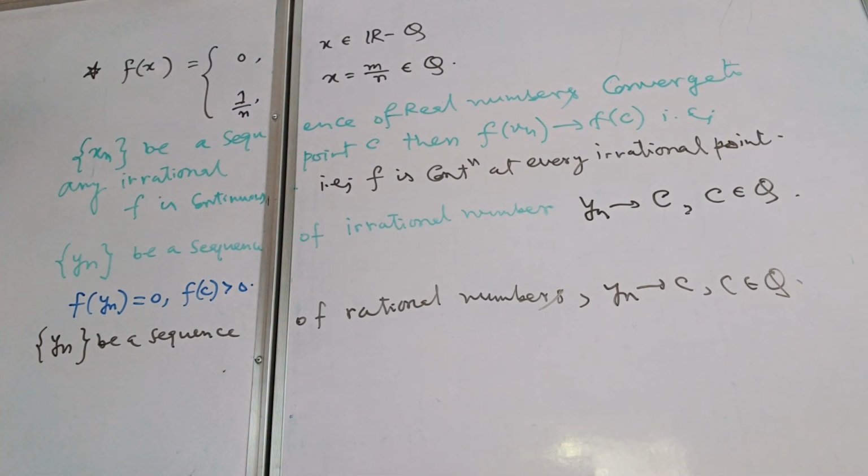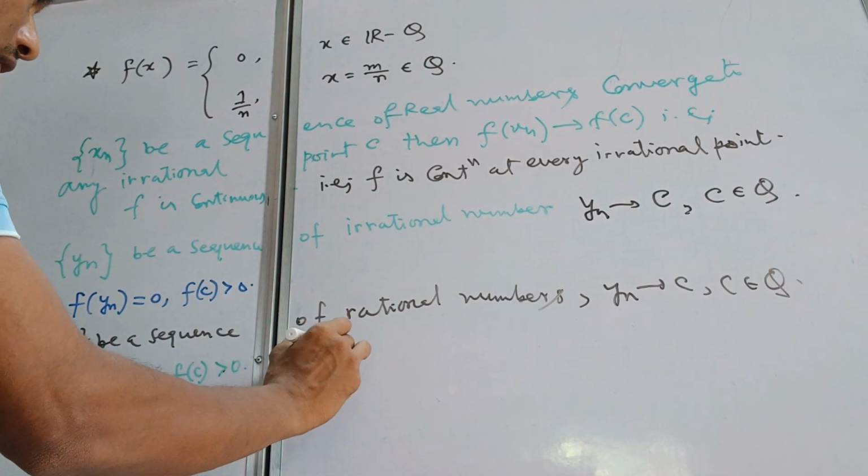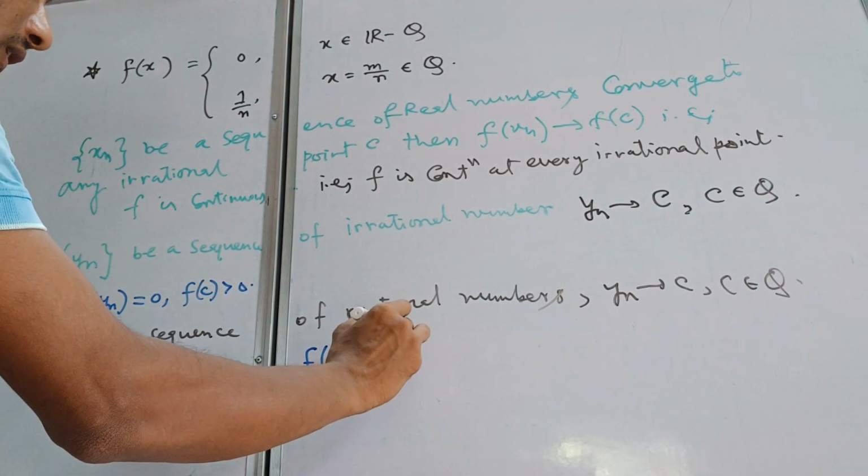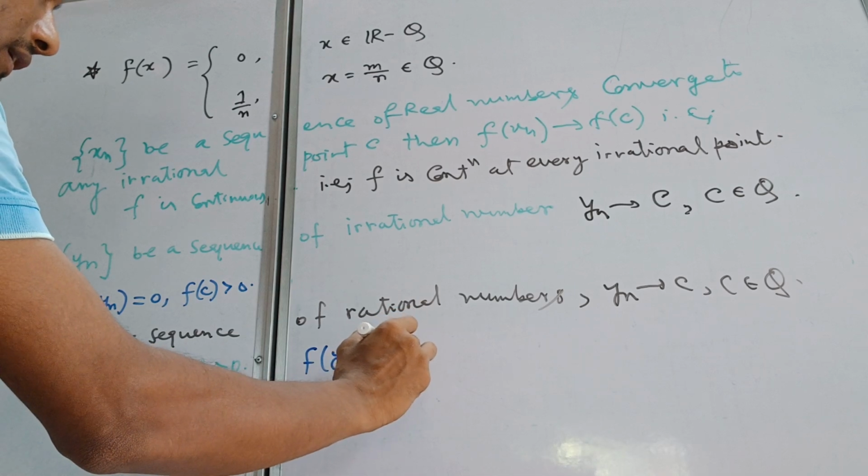Then f of yn greater than 0, and f of c greater than 0. But in this way f of yn equal to 1/n where yn equal to m/n.